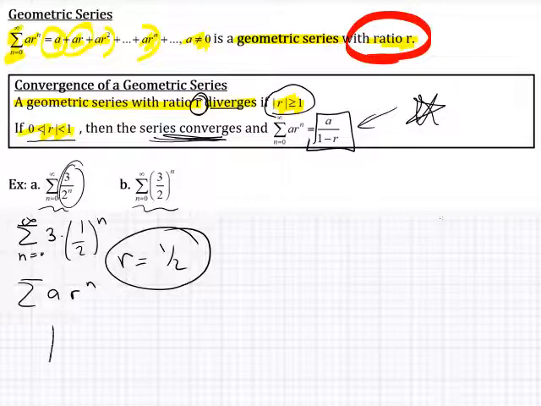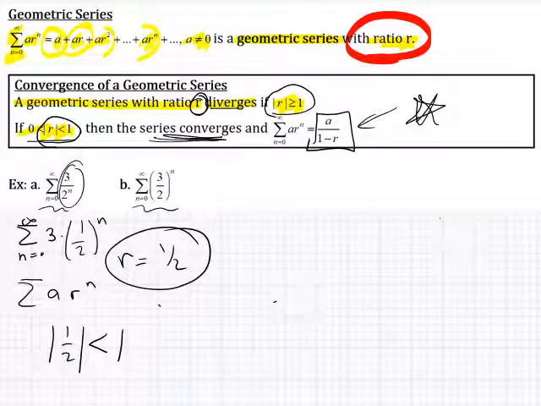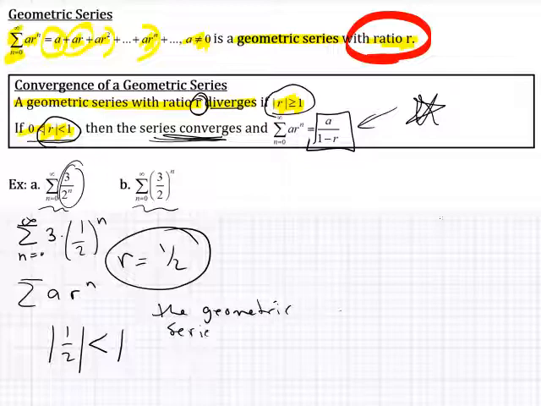So I look at the absolute value of 1/2, absolute value of r. Well, that's clearly less than 1. Since the absolute value of r is less than 1, the geometric series will converge.